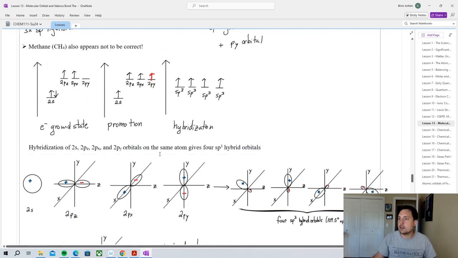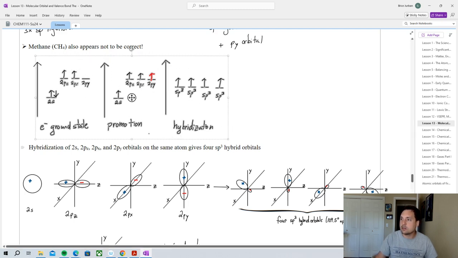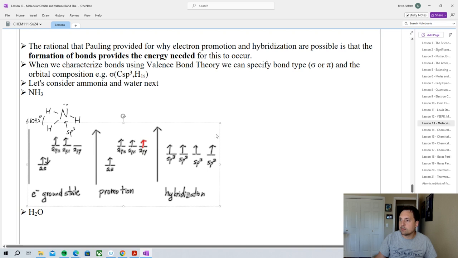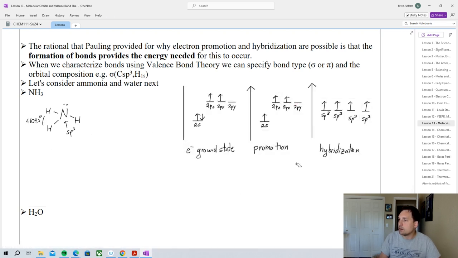I can take one of these diagrams here. Same thing. All right, so for ammonia, nitrogen has 5 electrons, and it's in the ground state like this.